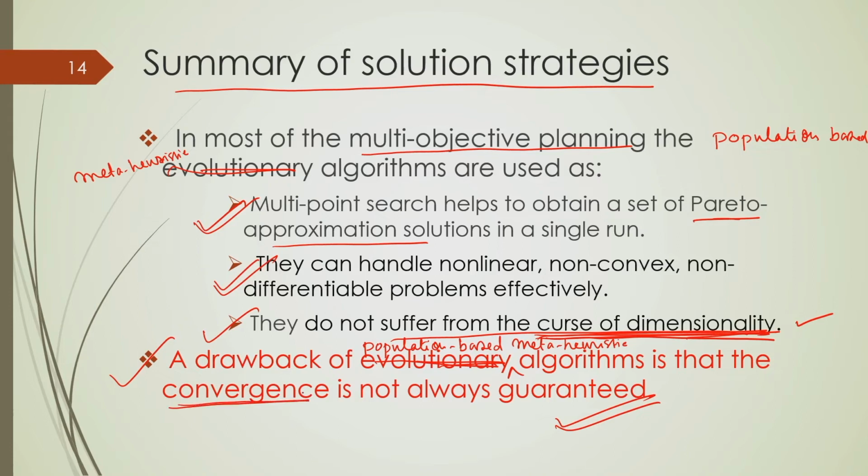Convergence means whether the solution we are getting is a global optimum or not, and that is not known to us even after executing several times in a simulation process. That is the major drawback. We do not have any idea whether the solution we get at the end of executing this solution strategy is a local optimum or global optimum, or even neither local nor global optimum. That is a significant drawback.